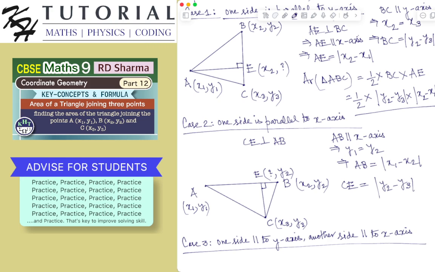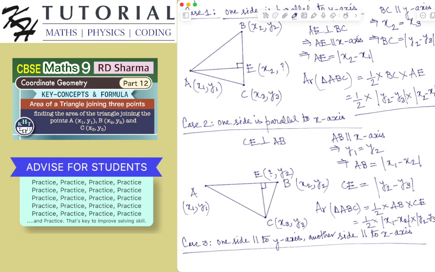So now we can say that the area of the triangle ABC will be equal to half into AB into CE, which is equal to half multiplied by AB, the absolute value of x1 minus x2, and CE was the absolute value of y2 minus y3.